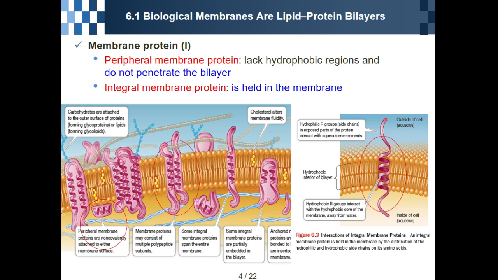Another protein is the integral membrane protein like this. First of all, with integral membrane proteins, you will see that the protein is embedded in the membrane. They penetrate the membrane like this.